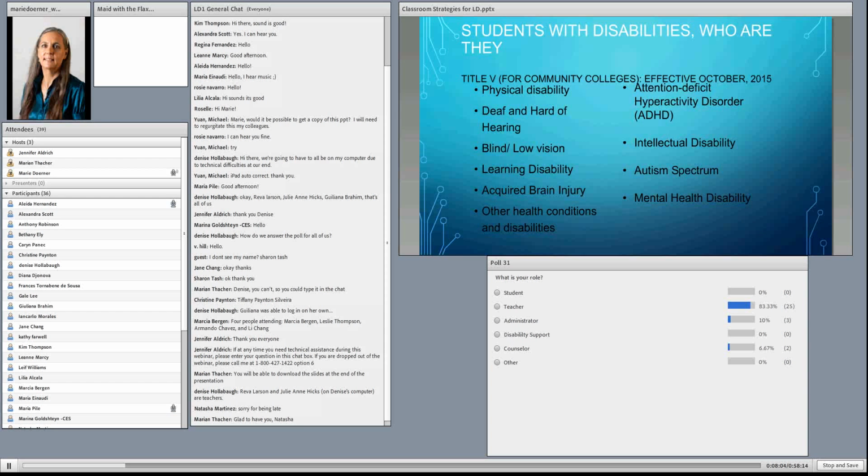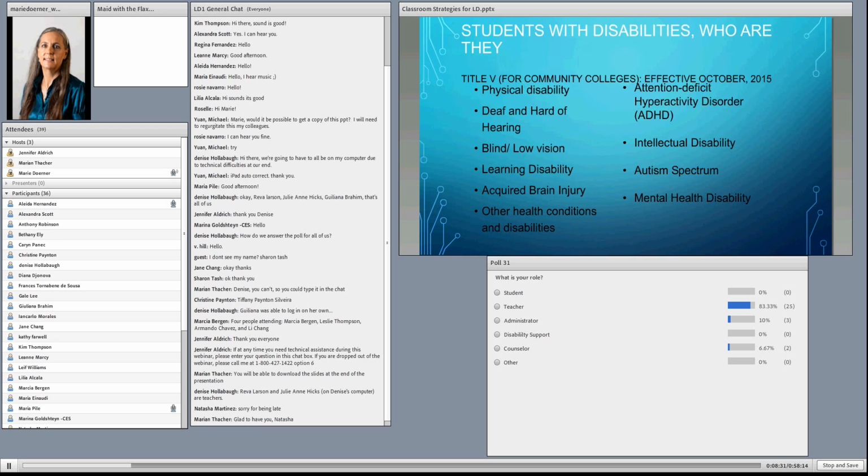the new categories for the community colleges would be attention deficit and hyperactivity disorder. In the past, we had developmental disabilities, and the new name for this is intellectual disabilities, which is bringing us in line with the rest of the world.